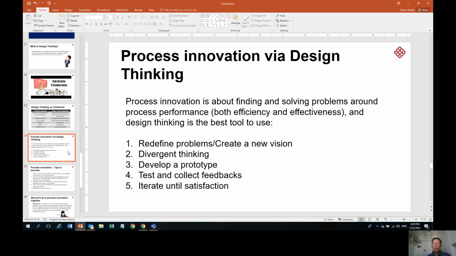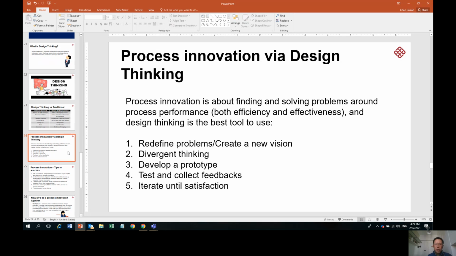Efficiency means you can make it work faster, more cost effective. And effectiveness means it focuses on the right things to do, so it really produces the right result. And design thinking is the best to use in this case.